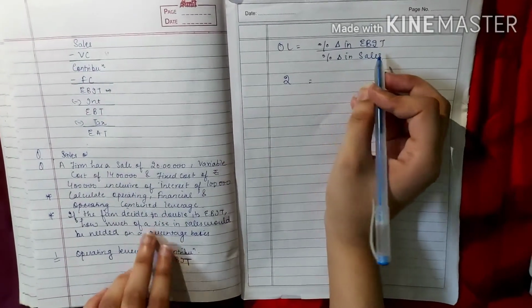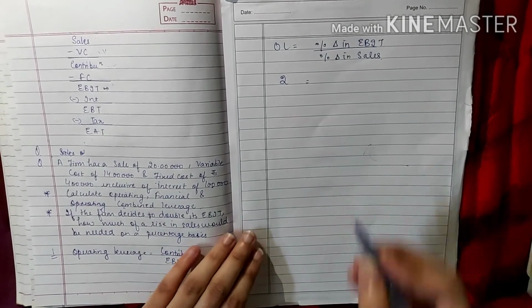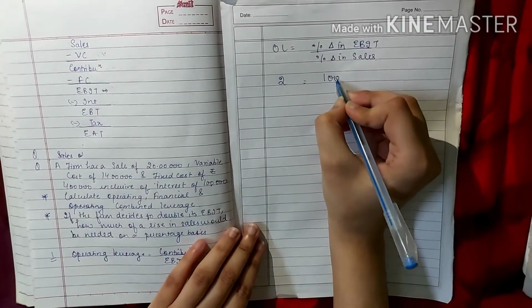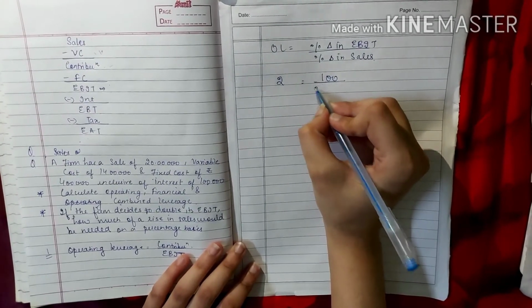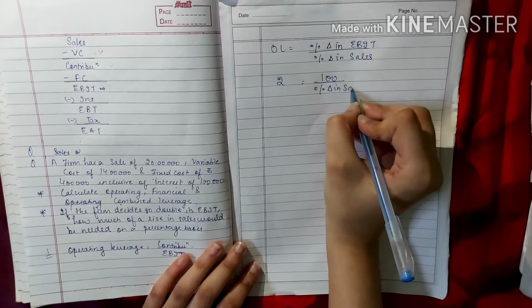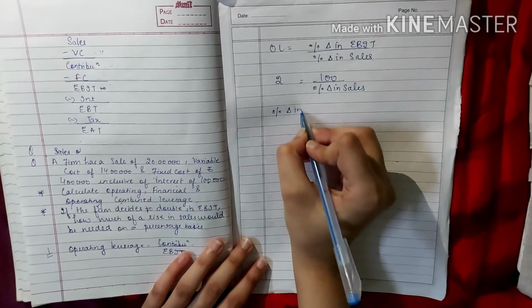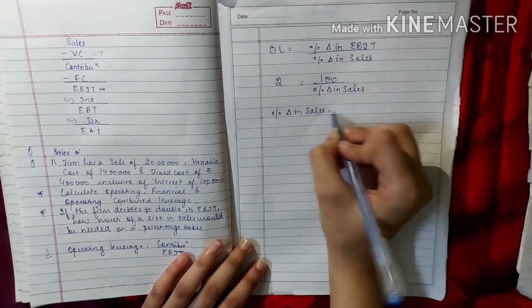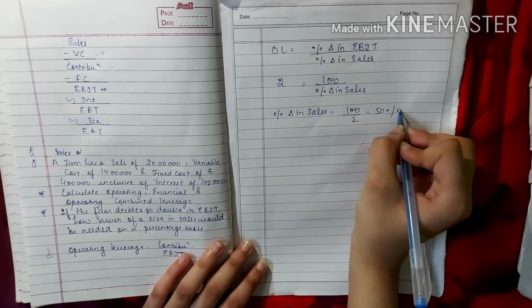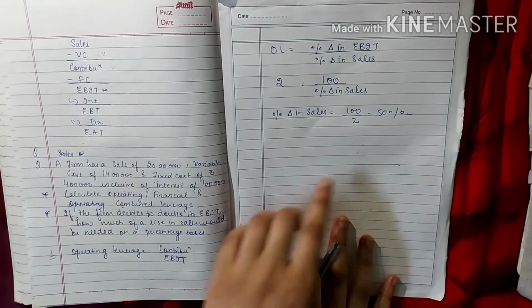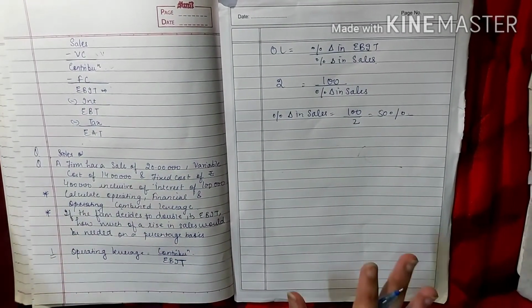Percentage change in EBIT: it is given here that the firm decided to double its EBIT. Double its EBIT means 100% change, and percent change in sales, now just solve it. Percent change in sales is equal to 100 by 2, which is equal to 50%. So guys, this is the answer for your second part. So here the question is complete.